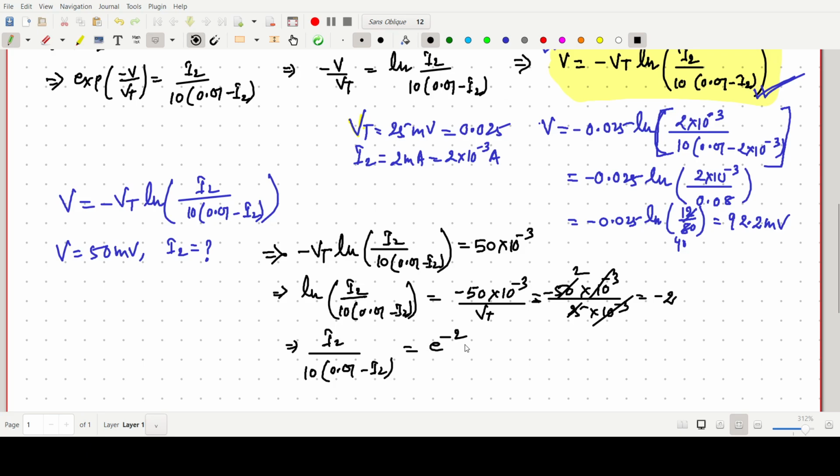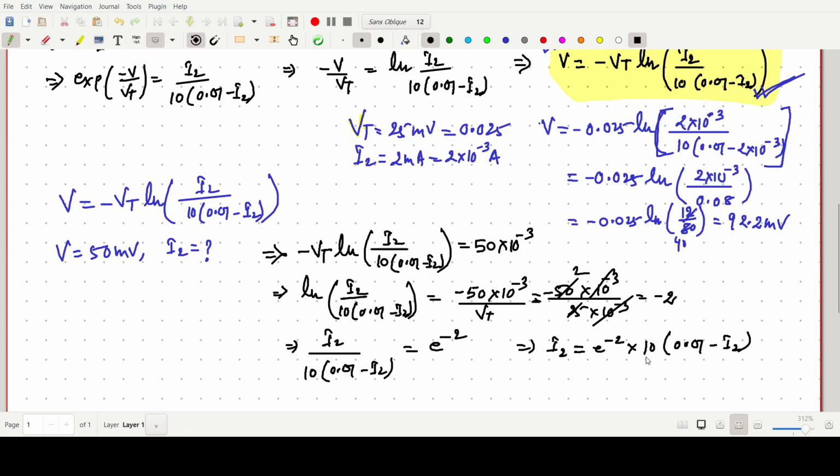Okay, e to the power minus 2, or one can also write I2 equals e to the minus 2 into 10 times of 0.01 minus I2.